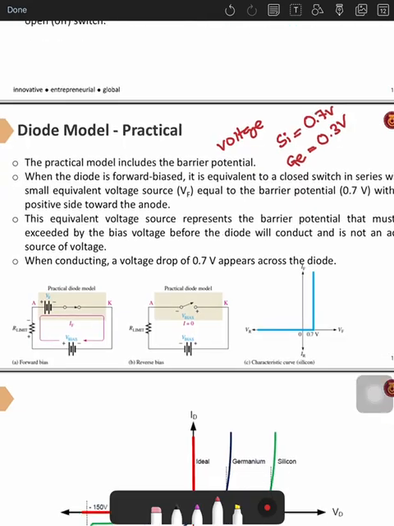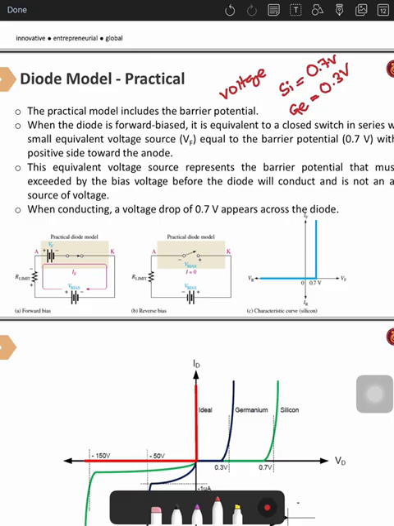So we can see that when we consider the practical diode, the current will increase when the forward voltage exceeds the 0.7 volt. That is why we have to know if the source exceeds the value of the knee voltage, the limitation of the voltage across the diode, we can assume that the diode can be replaced with the battery.